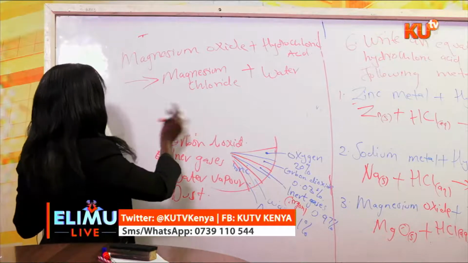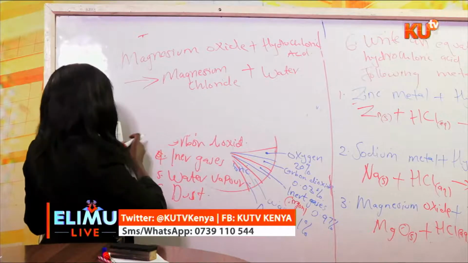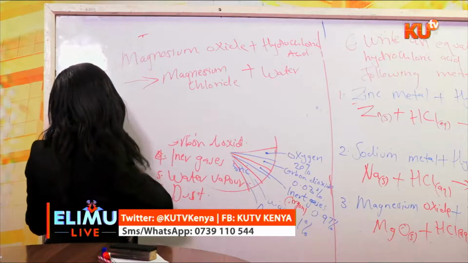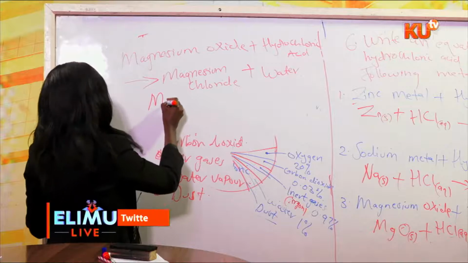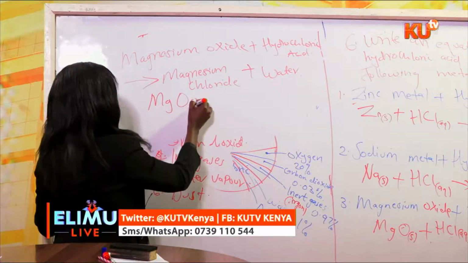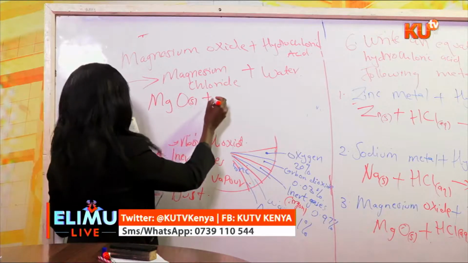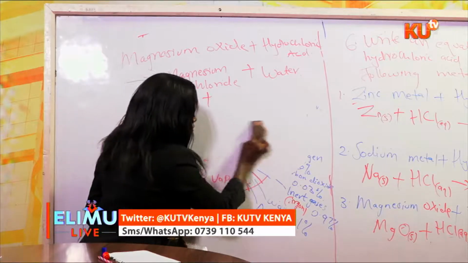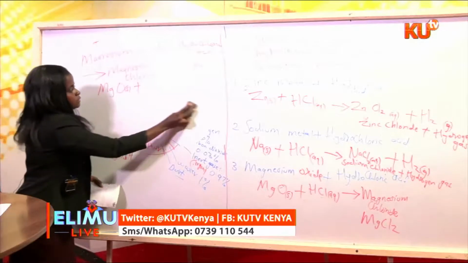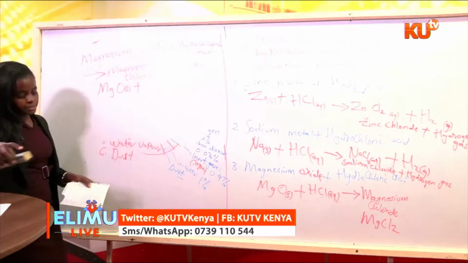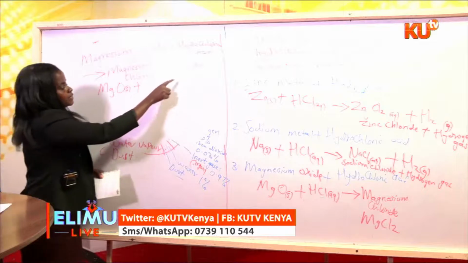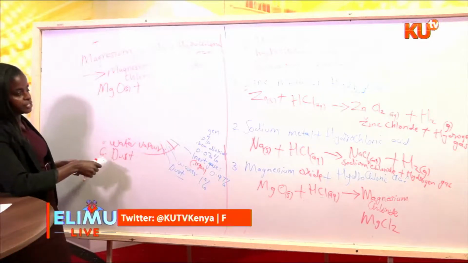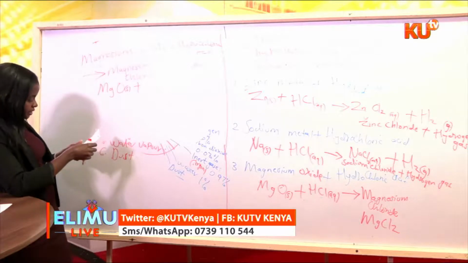Now the chemical formula for our result when we mix magnesium oxide with hydrochloric acid is, so that you're going to see the difference. Here we are getting water, but with all others we are getting gases, which is hydrogen gas from hydrochloric acid.